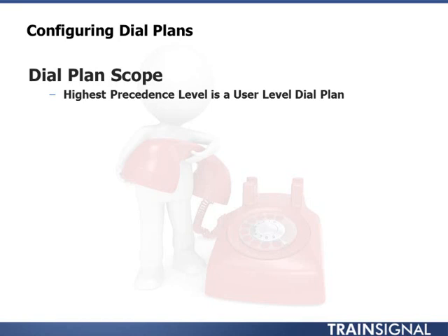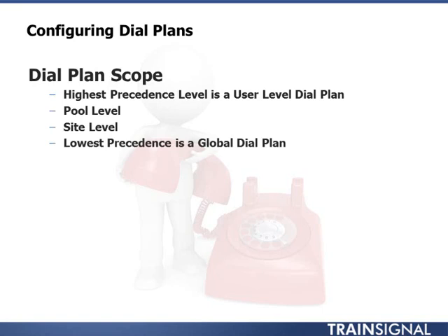Now, if you don't have a dial plan applied to you as a user directly, we then look at the pool level. And if you don't have one at the pool level, your next choice would be site level. And the worst case scenario, the lowest precedence, will be global. So if you don't have a dial plan applied at the user, the pool, or the site level, you get the settings from the global dial plan.